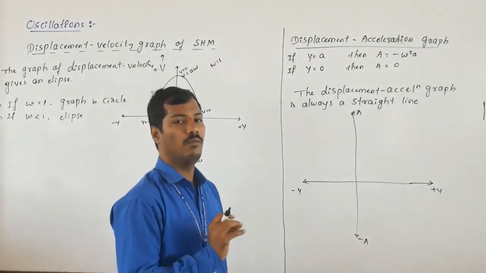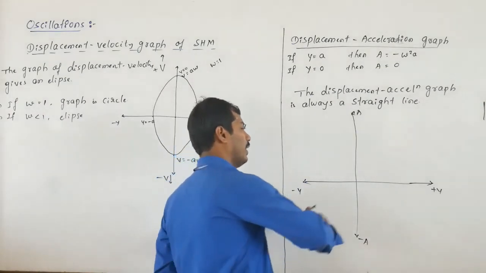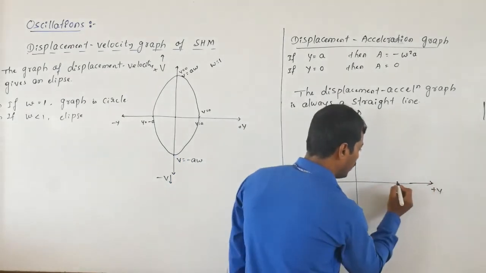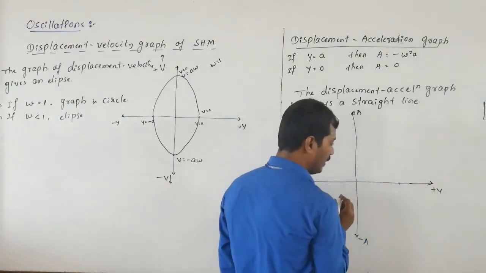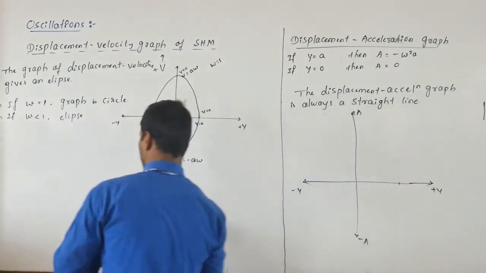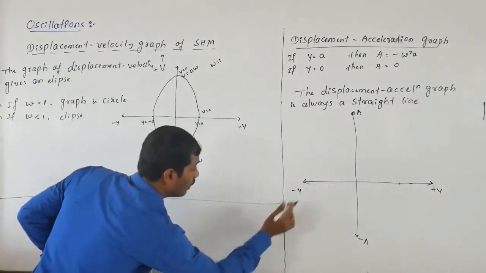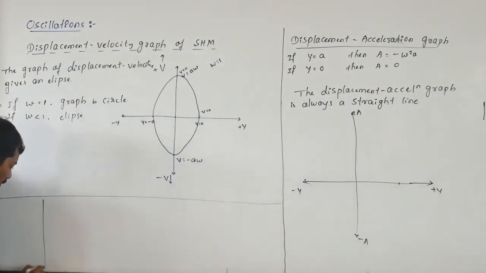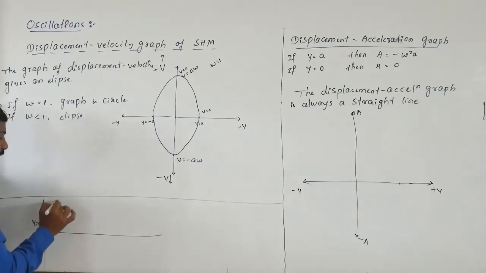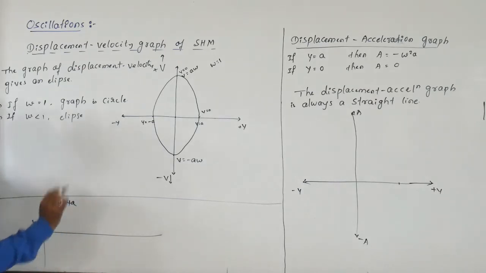One part is very important. At the mean position the displacement is 0. At the extreme position the displacement y is equal to plus a.